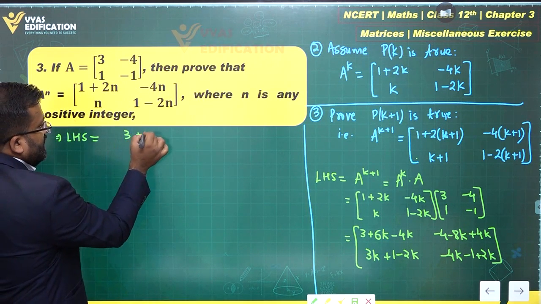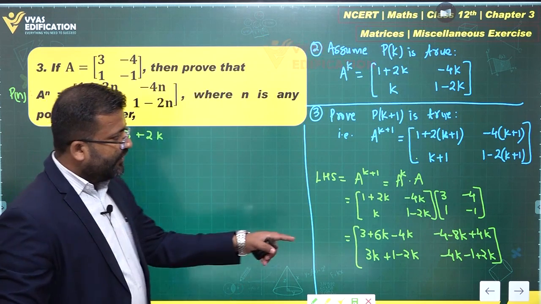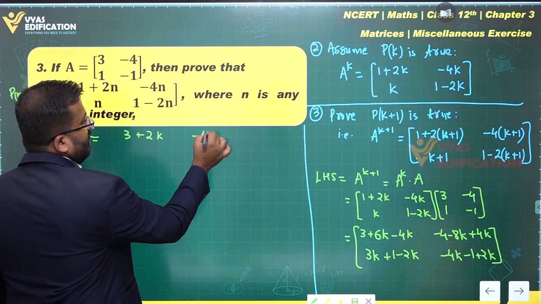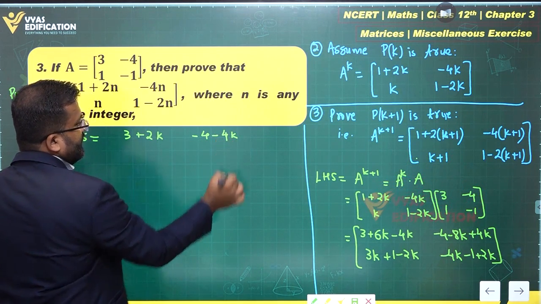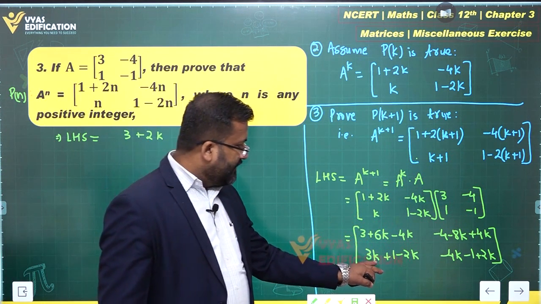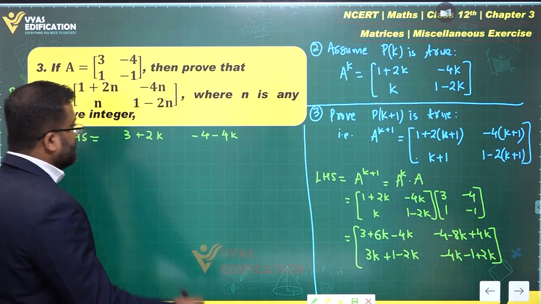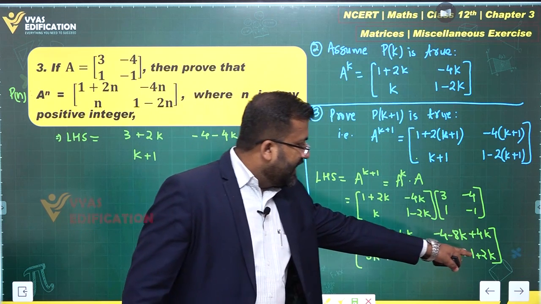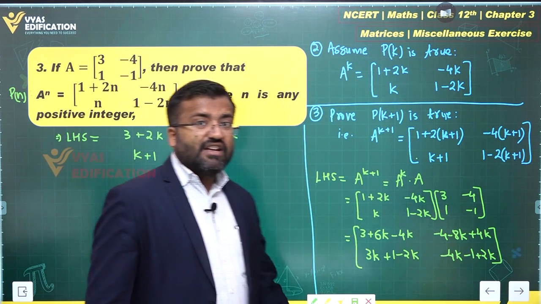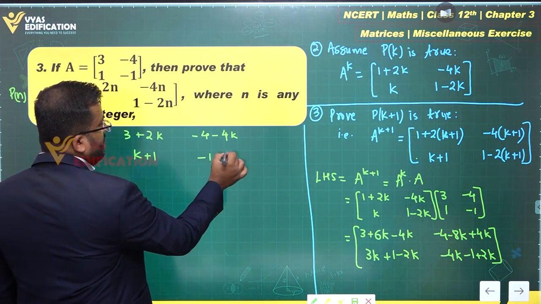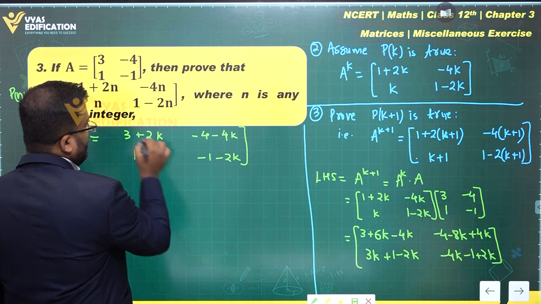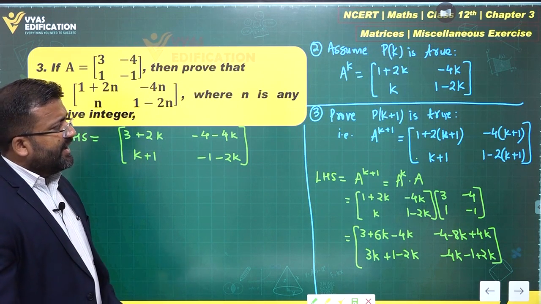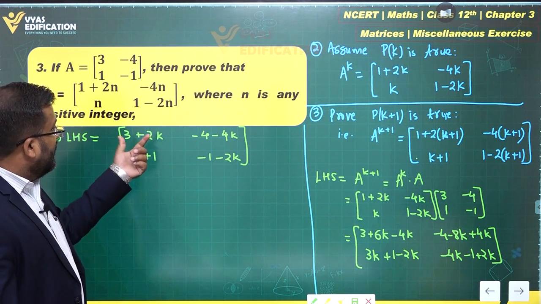What we have over here is minus 4 minus 4k. And here you have 3k minus 2k plus 1, which is k plus 1. What else? This is minus 1 minus 4k plus 2k, which would be minus 1 minus 2k. Have we obtained that thing? We don't think we have obtained the exact same thing, but you can convert this into that form.